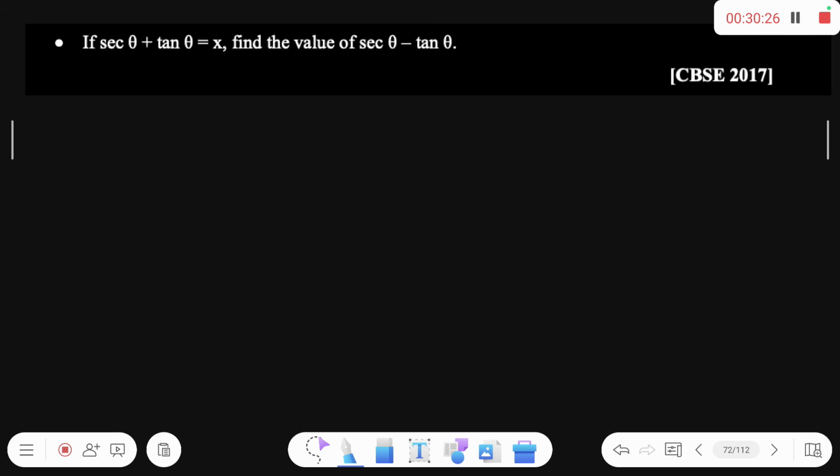Next is sec. Okay, let's move from here. Let 1 by x be 1 upon sec theta plus tan theta. So on rationalizing, sec theta minus tan theta upon sec theta minus tan theta.